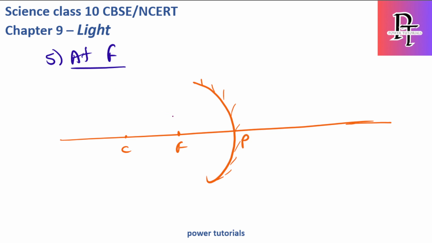Let's take the object at focus, so this is the object which is AB. First incident ray parallel to the principal axis, the reflection has to pass through focus.